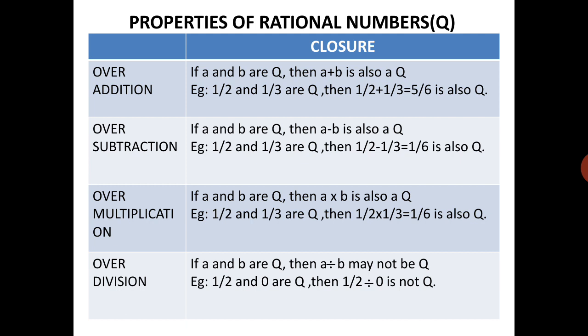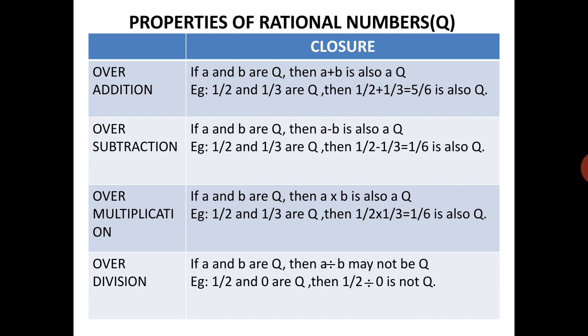Now when you divide them, 1 by 2 divided by 0, in this case you all know that you cannot divide any number by 0. When the denominator is 0, the division is not possible. So we can say that closure does not hold true for division. So in short, I can say closure holds true for addition, subtraction and multiplication, but not for division.